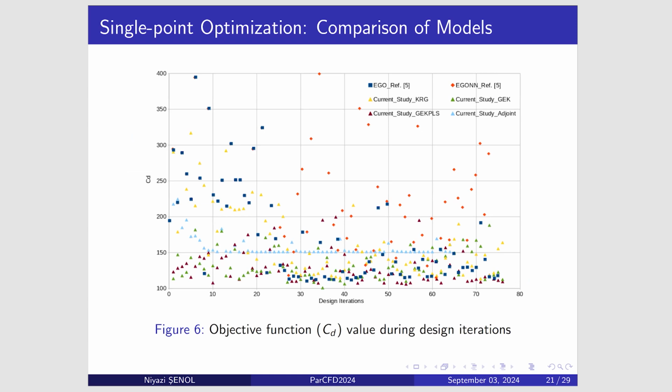EGO is in good agreement, but for our Kriging and GEC-PLS, GEC-PLS is in good agreement and stable, but GEC is not stable. The adjoint method, you see, is very fast, but it gets stuck locally, at around 150 drag counts. By the way, CD is in drag counts.